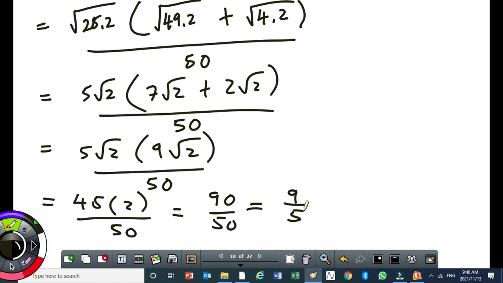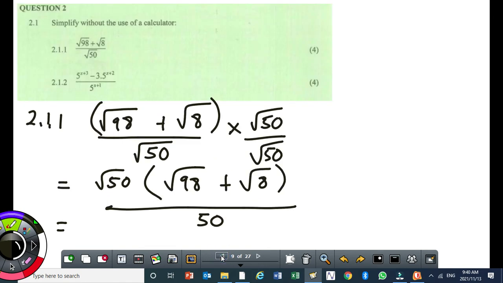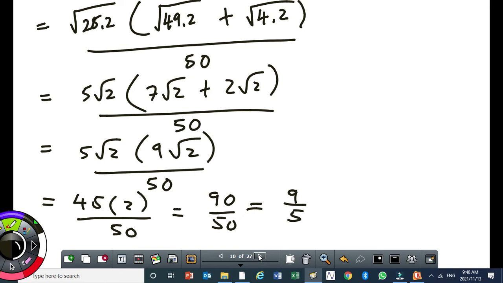Is it okay if I got the same answer, but instead of multiplying by the root of 50, I said 2 times 25 in the bottom, and then I just work my way down and eliminate it? That's fine. If you decide that you want to rationalize the denominator first, that's fine. As long as you didn't use the calculator, that's okay.